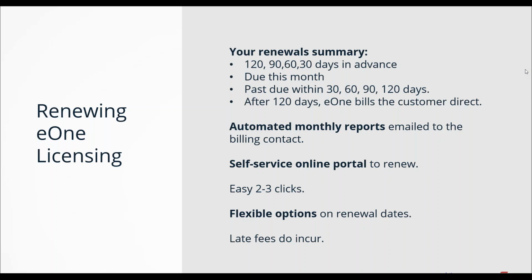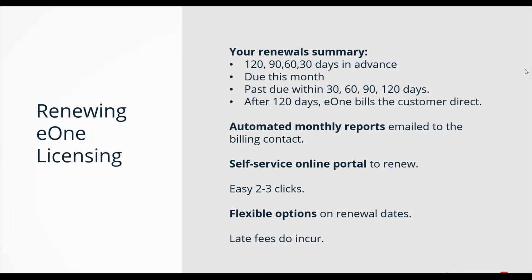But just to give you a quick overview, we send a renewals report every month to the billing contact. When you are a partner with us or when you're purchasing new with us, if you're setting up yourself as a new customer directly, you specify the billing contact. If you're the person, the main contact specified, you're the billing contact.